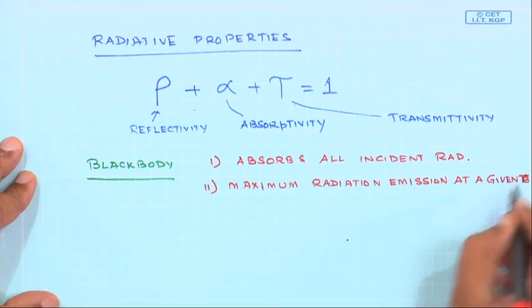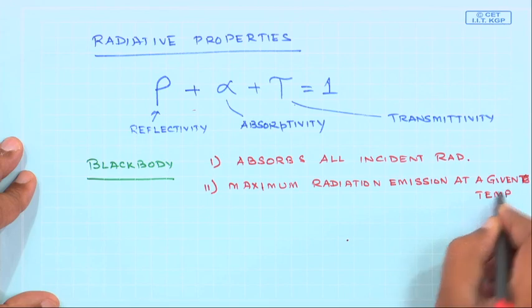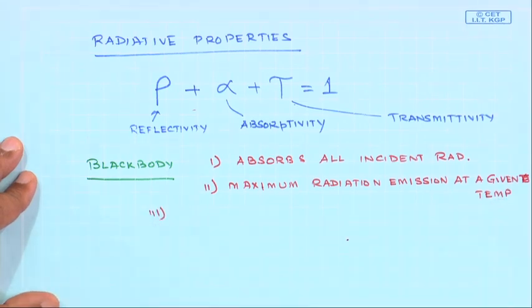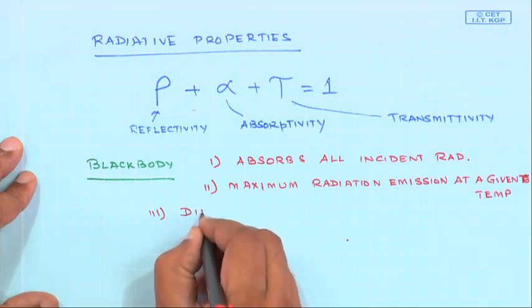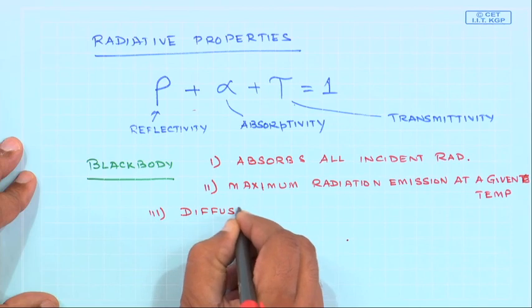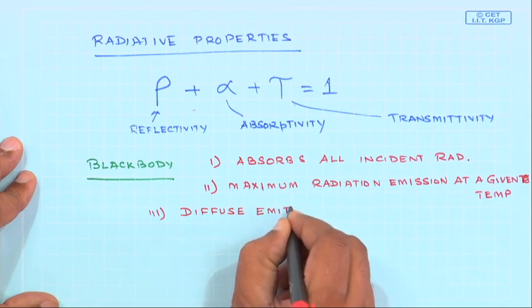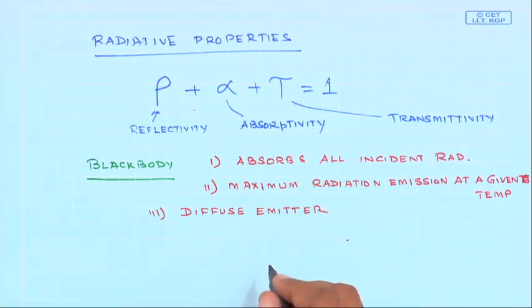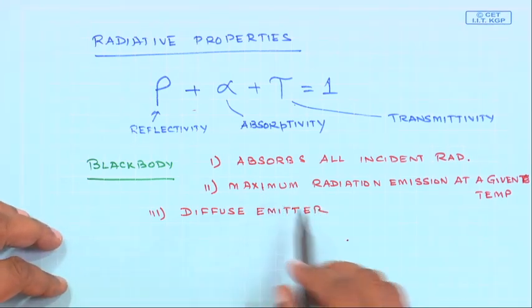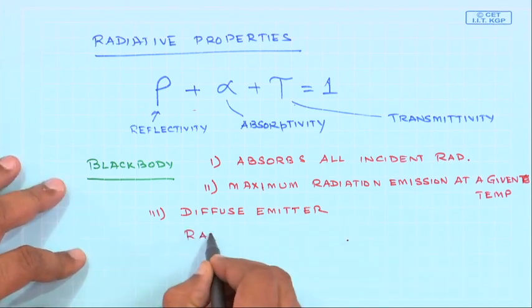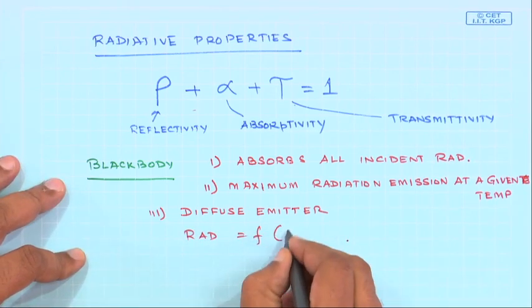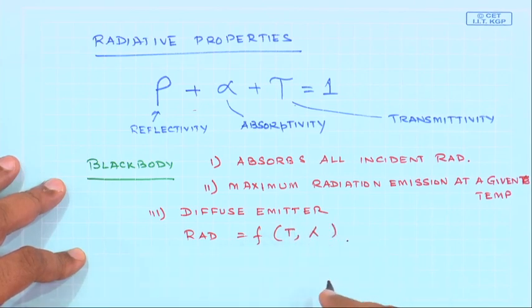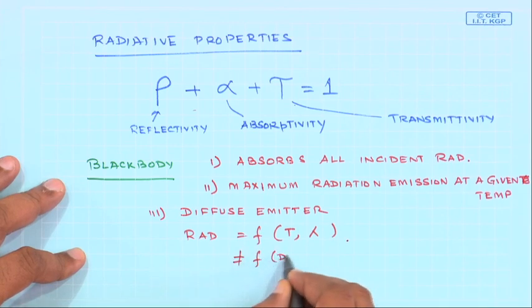And the third one is that a black body is a diffuse emitter. As I said, the radiation from a black body is a function of temperature and wavelength, but it is not a function of direction.